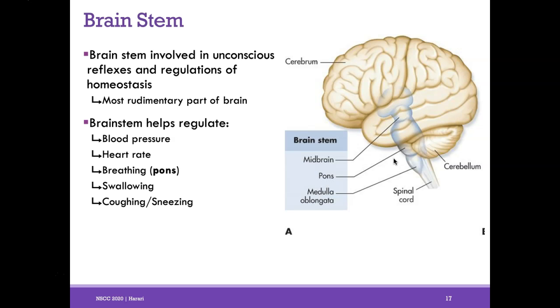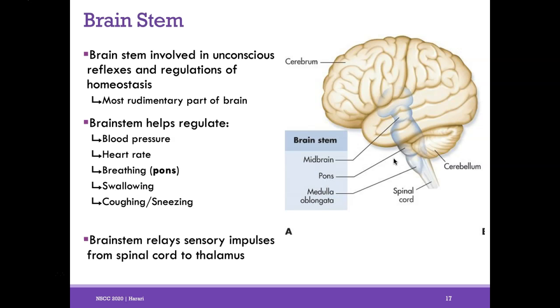Swallowing, coughing, and sneezing, all these very primitive things that we need to do are also found in the brainstem. So things that we need to just function: we need to breathe, we need to pump blood, we need to be able to swallow food, and coughing and sneezing are basic unconscious reflexes. We can't control that. That's all residing in the brainstem.